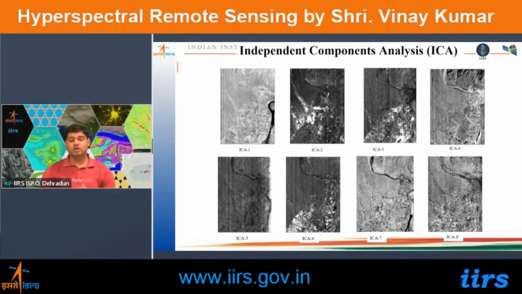The same principle is applied here to separate out different kinds of signals from the data using independent component analysis. For this, we use higher order statistics like skewness and kurtosis to generate the independent components. Here you can see how different features are highlighted in these different components.